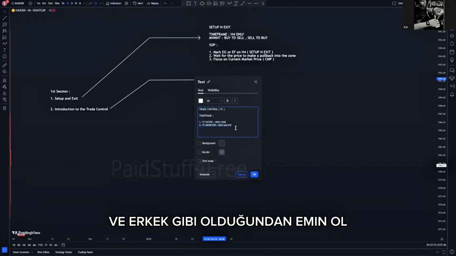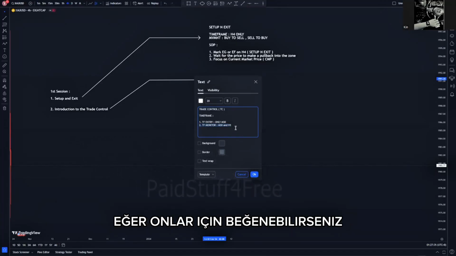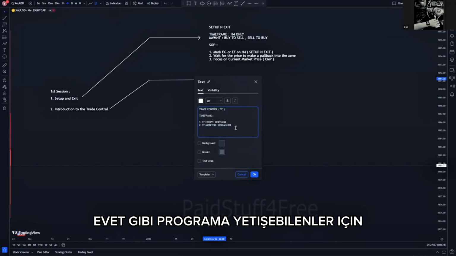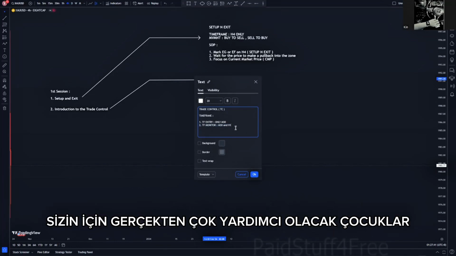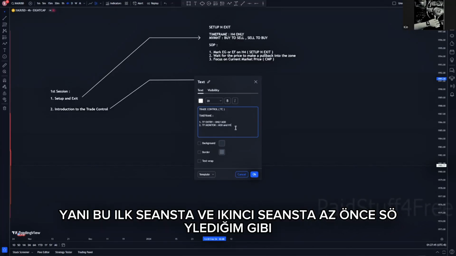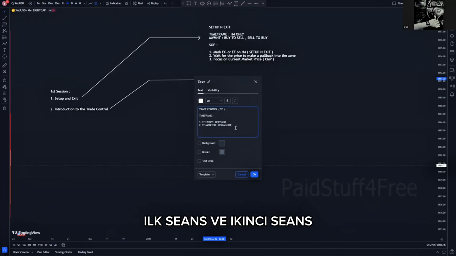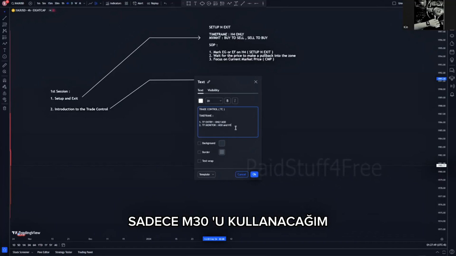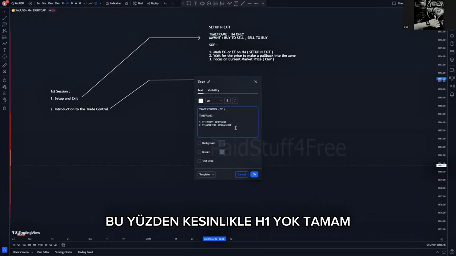If you can catch up with the schedule, it's going to be really helpful for you guys. In the first and second sessions, I'm just going to use M30, strictly no H1.